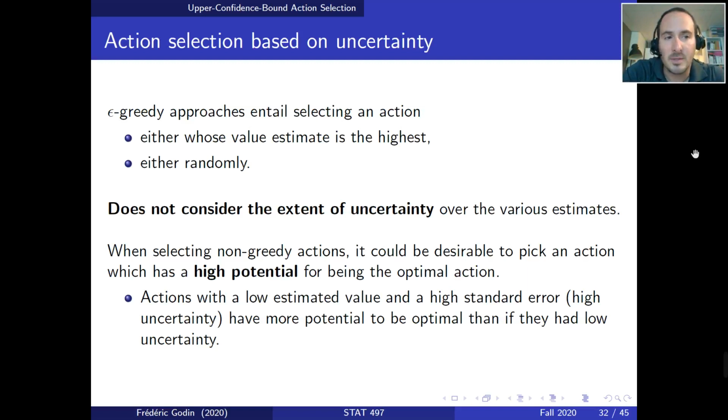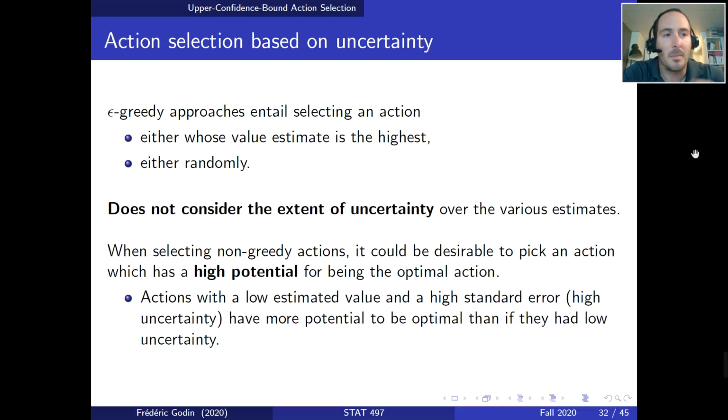However, proceeding in that way does not consider the extent of uncertainty associated with the various estimates. Okay, so for example, let's say action A has low estimated reward with high certainty.